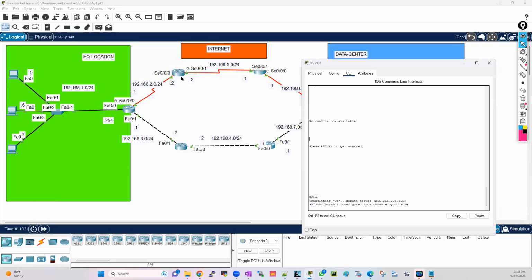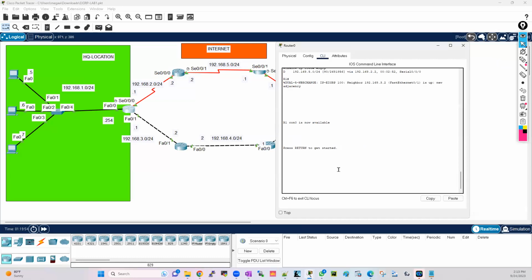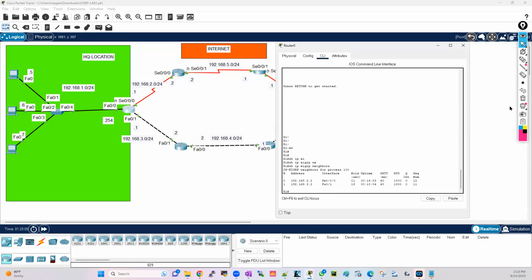So now, if you check our router 1, enable, show IP EIGRP neighbors. See, you have formed neighborship with two routers connected with it. It has hold time, uptime. There are some things we need to know quickly now.